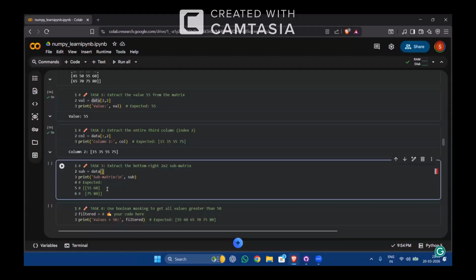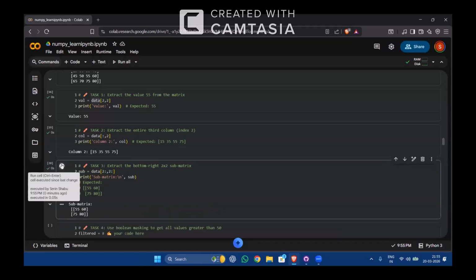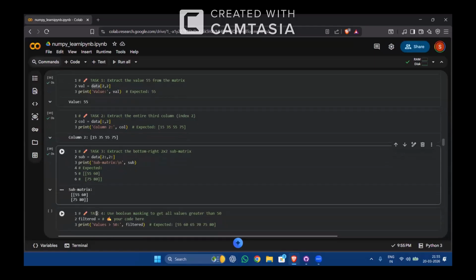The third row is number 2. 2 colon, comma, 2 colon. Then you have to take the third column, 2, right? Starting from the second row till the end, second column till the end. So the output will be 55, 60, 75, 80. Hope it is clear for you, right?